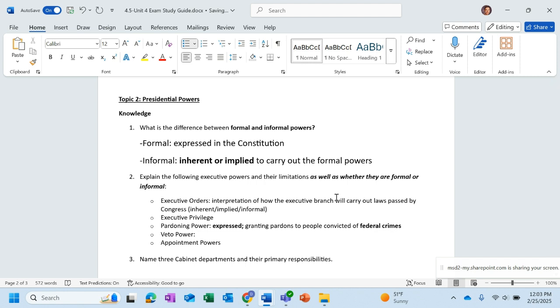Veto power, again, there's not really a great way of saying it, but rejecting laws passed by Congress. And appointment powers is appointing people to executive branch positions, as well as court judges or justices in the federal court.